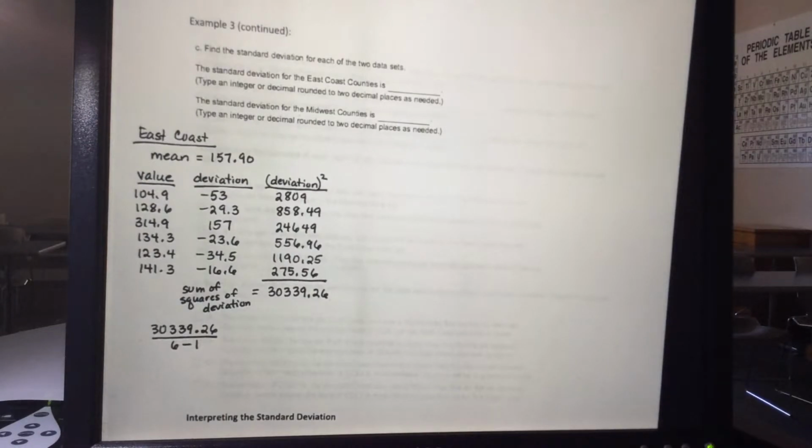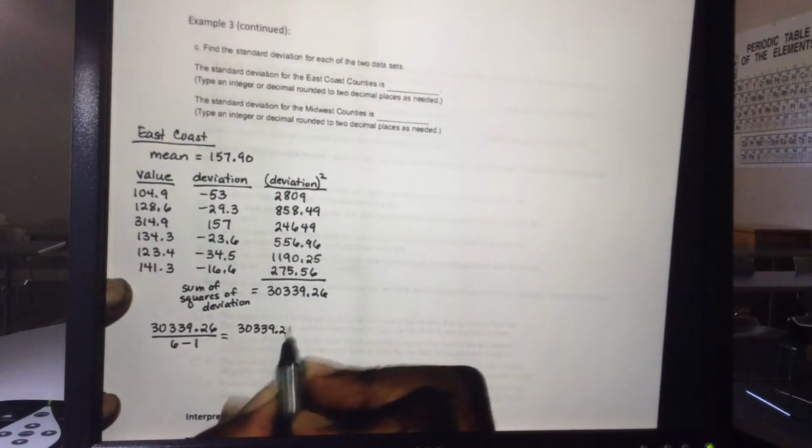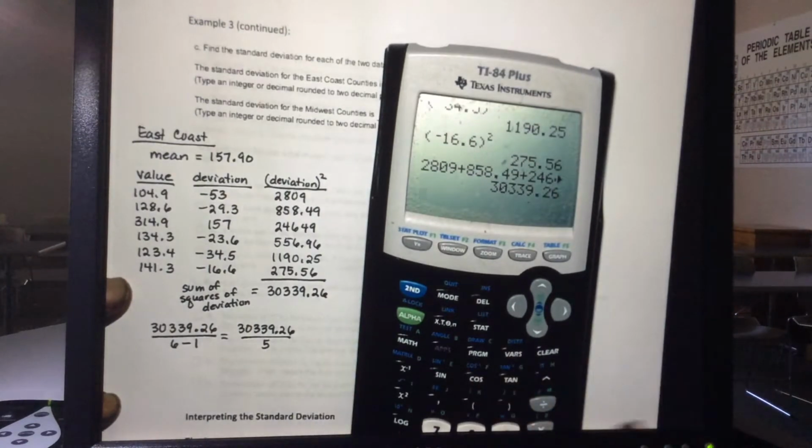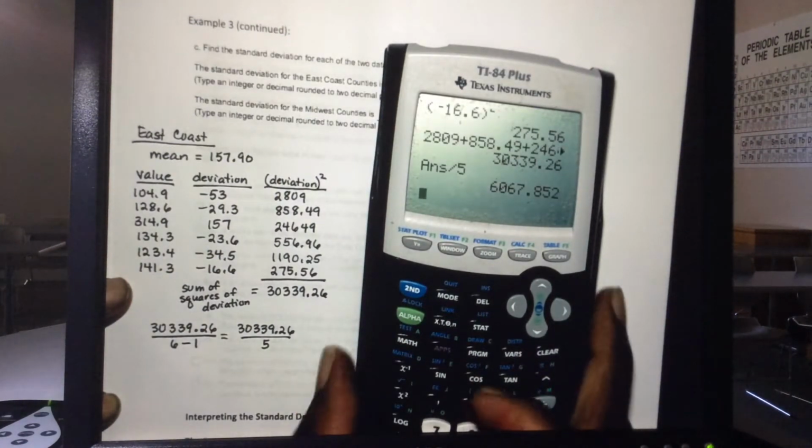Here we have 6 data values. That was step number 5 in what I gave you here. Which means this number will be divided by 5. 30,339.26 divided by 5 would be 6,067.852.